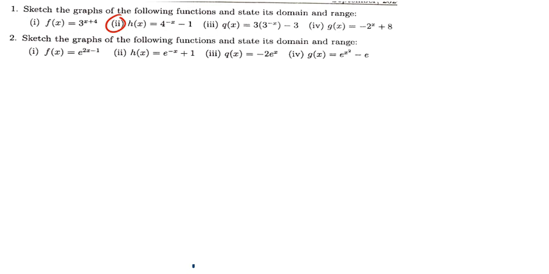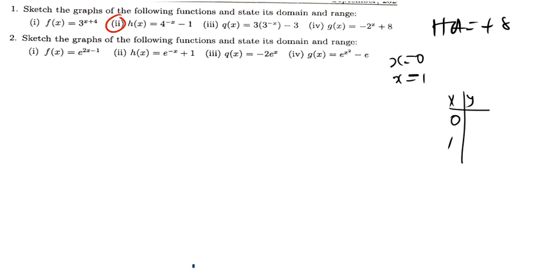Okay, so y is equal to negative 2. Let's first talk about the domain. The horizontal asymptote is positive 8. Equate x to two things, 0 and 1. So y is equal to negative 2. When I put 0, plus 8. Any number to the power 0 is 1.